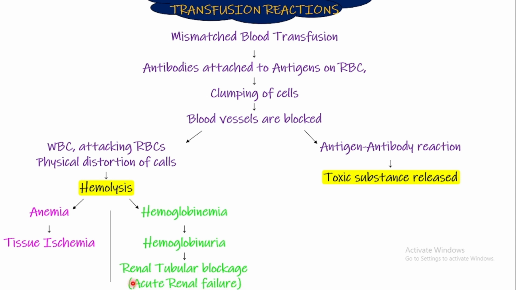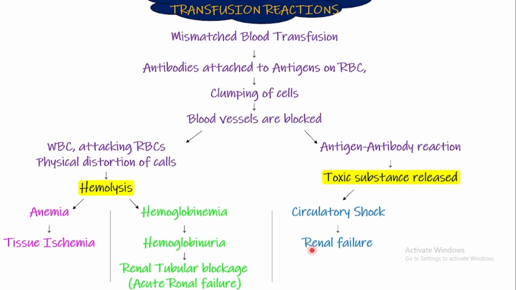And on the other side, the antigen-antibody reaction is releasing toxic substances. These toxic substances are causing generalized vasodilation in the blood vessels, causing circulatory shock. Circulatory shock means there is generalized vasodilation because of these toxic substances, and because of this vasodilation, the blood pressure falls.